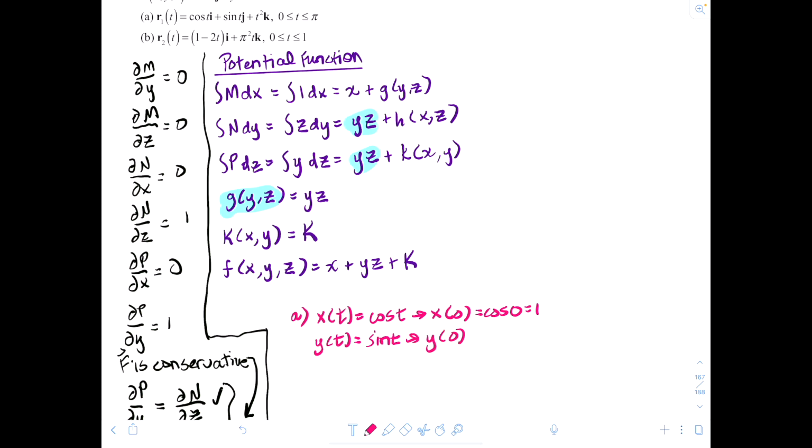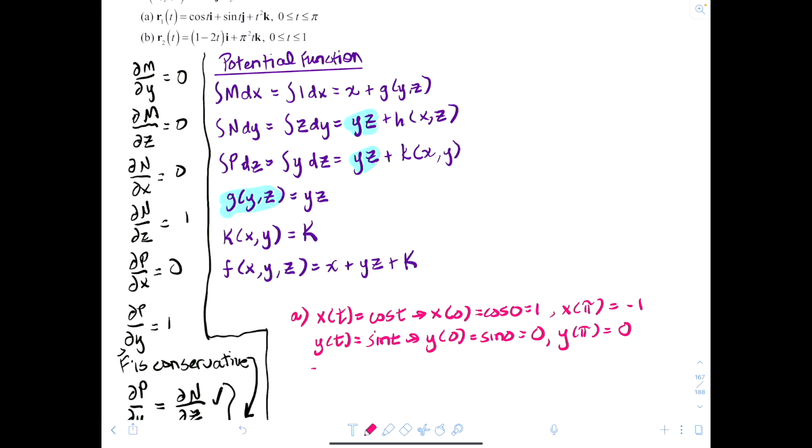Y at 0 is sine 0, which is 0. Oh, sorry, and I forgot, x at pi is going to be cosine pi, which is -1. Y at pi will be sine pi, which is also 0.